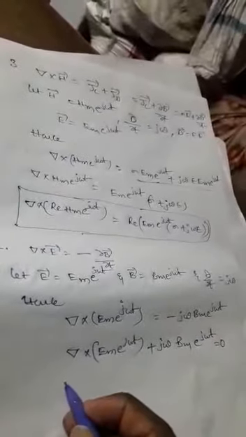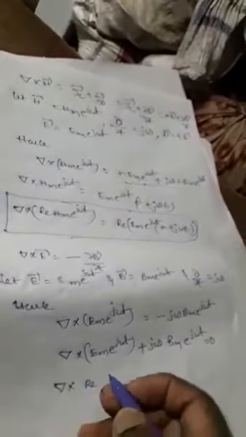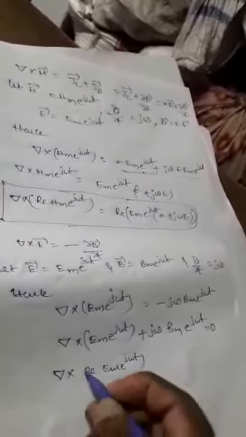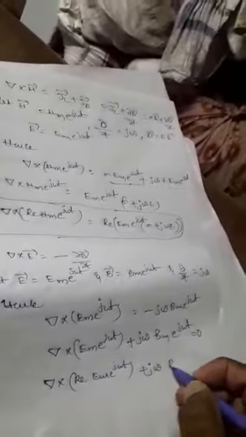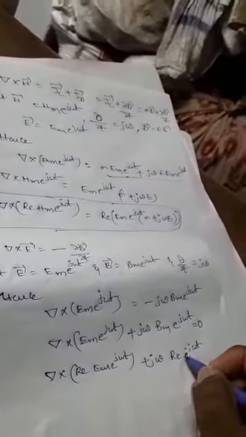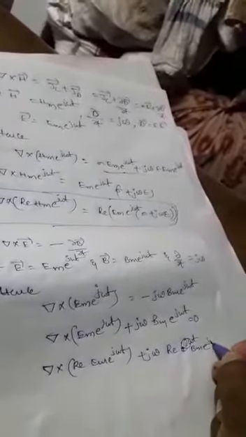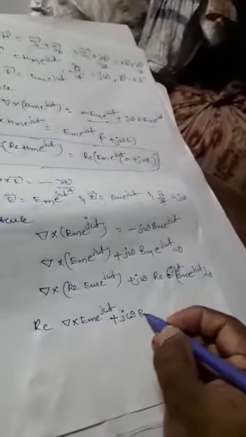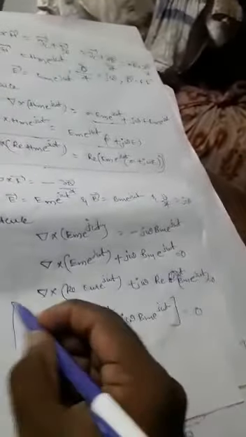So taking the real parts, real part of curl of Em into e to the power of j omega t plus j omega into Bm into e to the power of j omega t is equal to 0, which is the modified Maxwell's equation for harmonically varying fields.